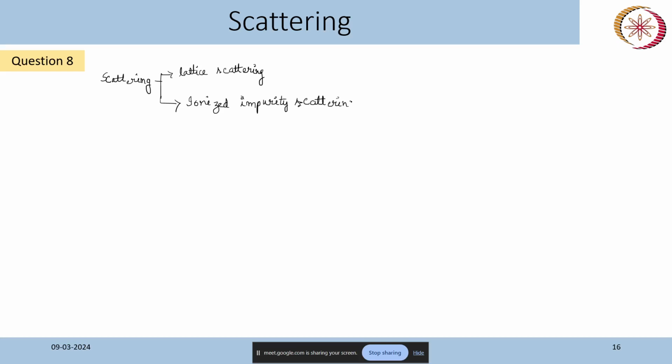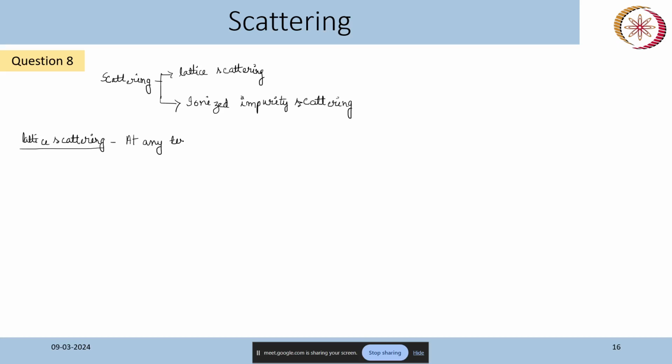So what is lattice scattering? At any finite temperature, non-zero, lattice atoms vibrate.